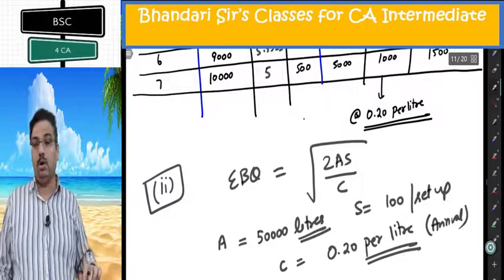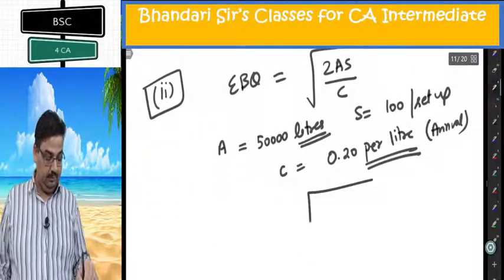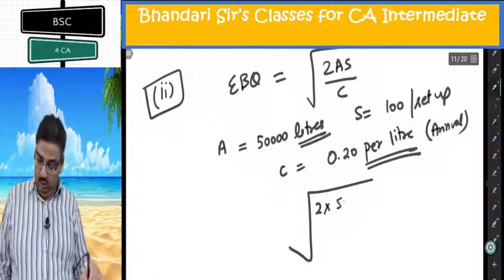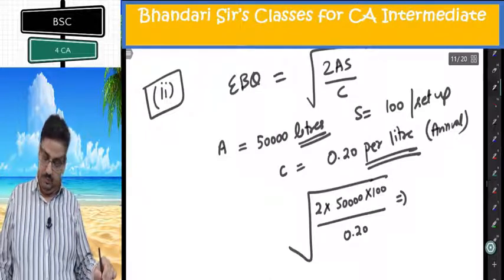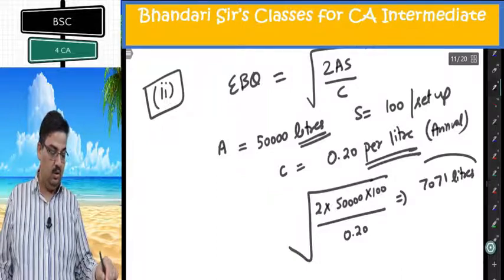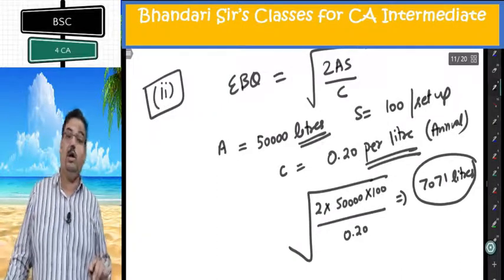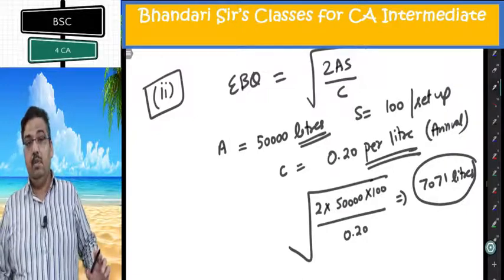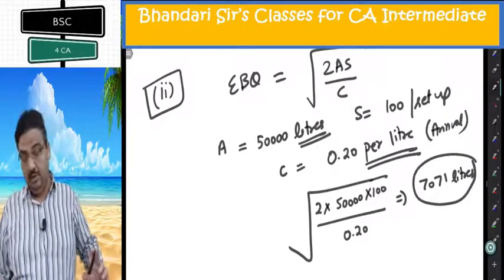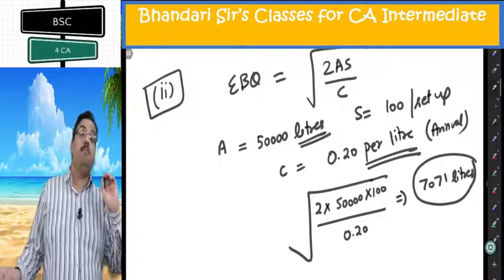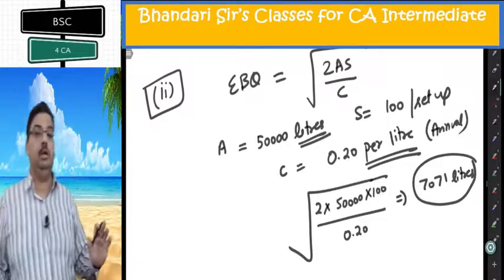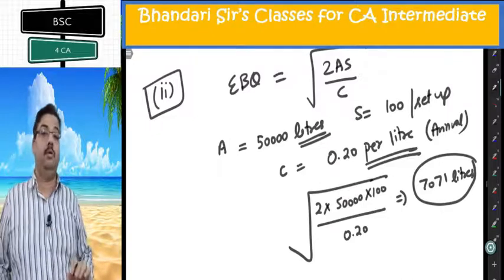That is also annual already. So applying the formula: 2 into 50,000 into 100 divided by 0.2. 7071 liters. In my table, 7071 was not an option, but the nearest approximation was 7000. So 7071 is the perfect economic batch quantity. That is illustration number 7.